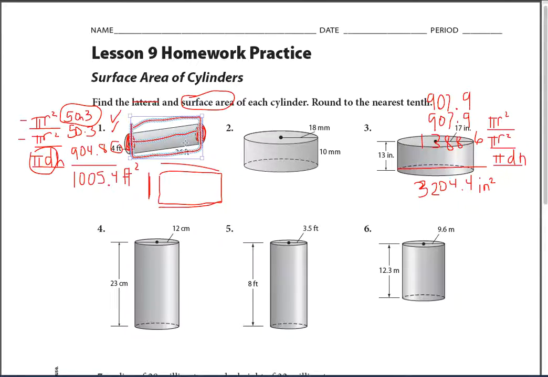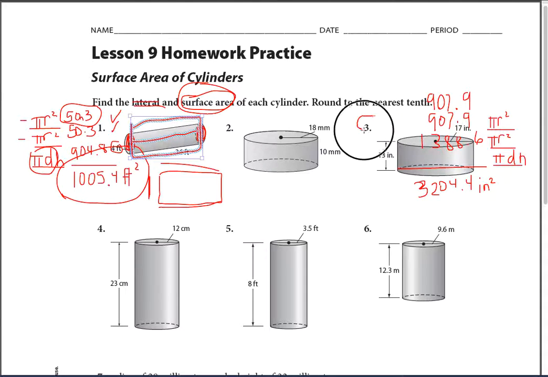In this case, the height is 36. And you should get 904.8. Go ahead and double check, pause the video and check on your calculator. And when you add up 50.3, 50.3, and 904.8, you get the total surface area, which is 1005.4. I only want you to calculate the surface area, not the lateral.